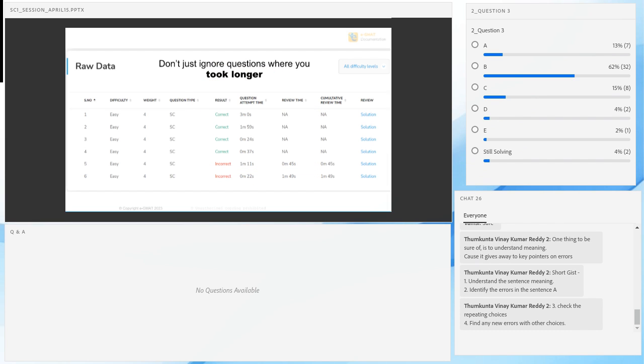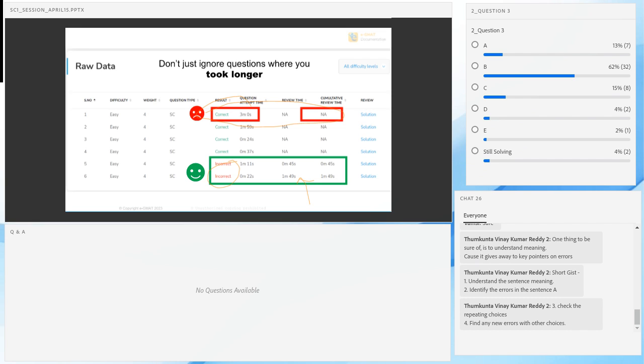So the other thing is, if you simply look at just these questions, the student looked at these two questions and reviewed, but the student answered this question correctly but took a lot of time.